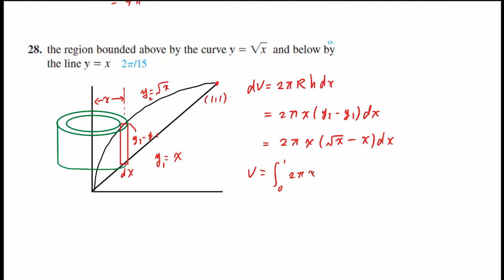I'm going to distribute this thingy. So now I have x to the 3 over 2 power minus x squared. How about that? Okay, so 2 pi constant outside, and x to the 5 over 2, therefore 2/5, and minus x cubed, therefore 1/3, and from 0 to 1.